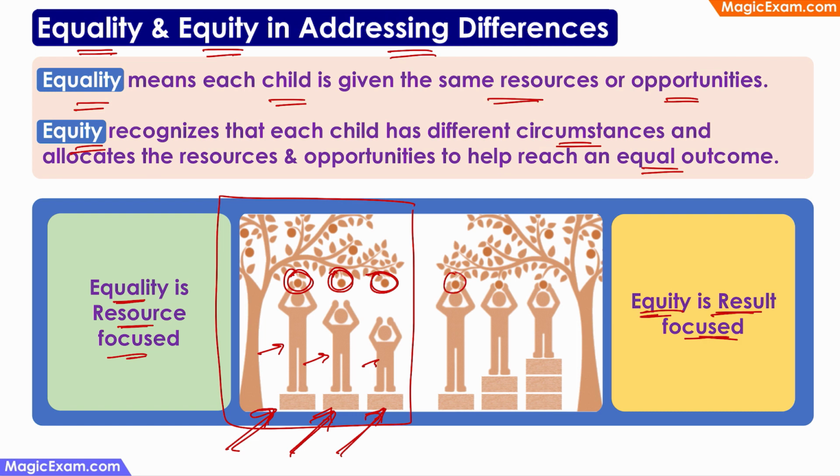Now, you know that the result is that all the children will have to be able to reach the fruit. So you will give them as much resources or as many opportunities as they require to be able to reach this result or outcome. So again, based on the individual differences of the children, you are giving them different types of resources or opportunities. So that is the difference between equality and equity.